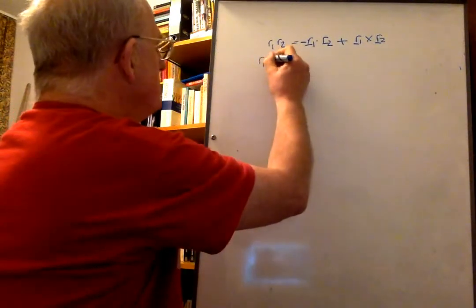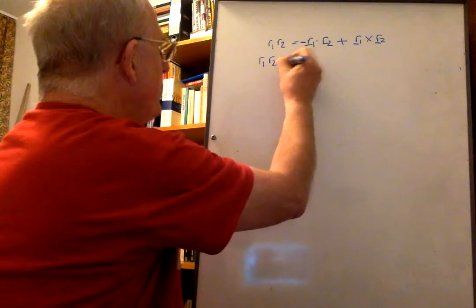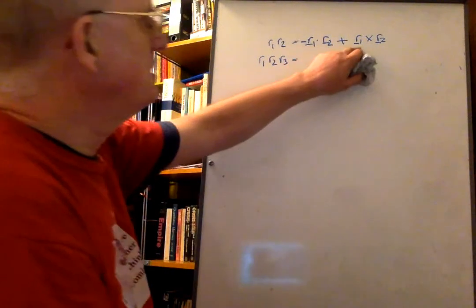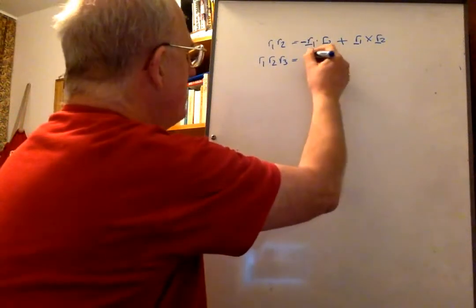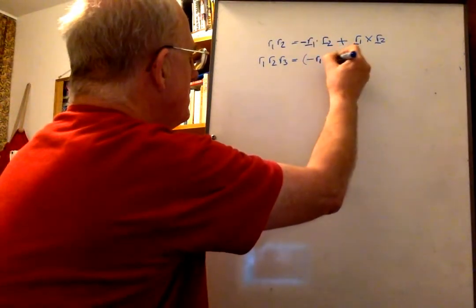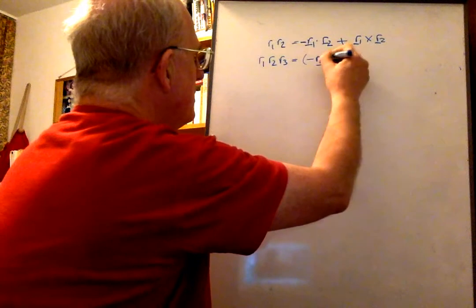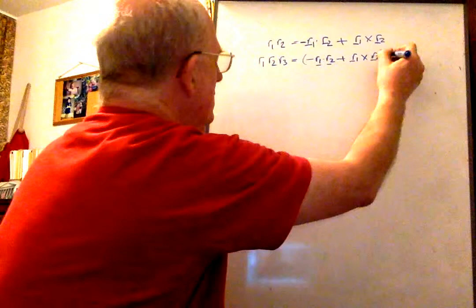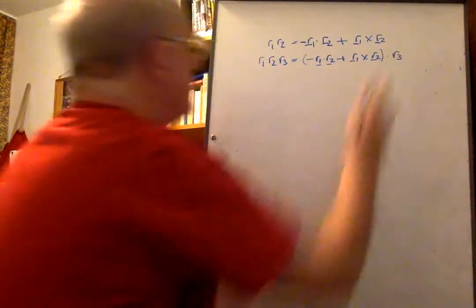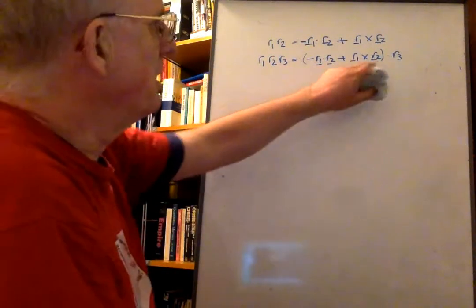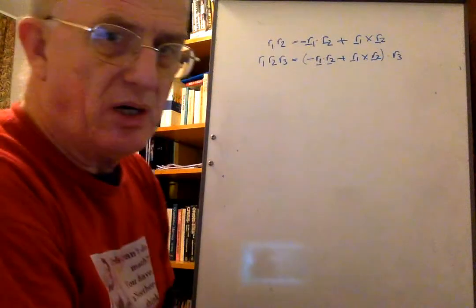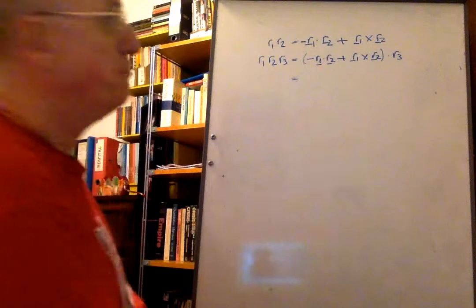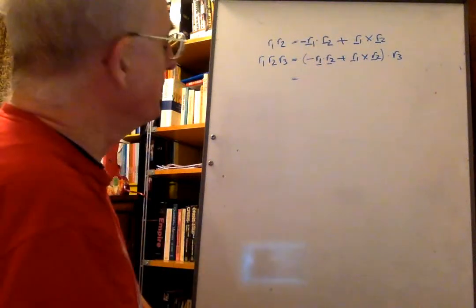If you've got three quaternions multiplied together, think what is the real part of that multiplication going to be?